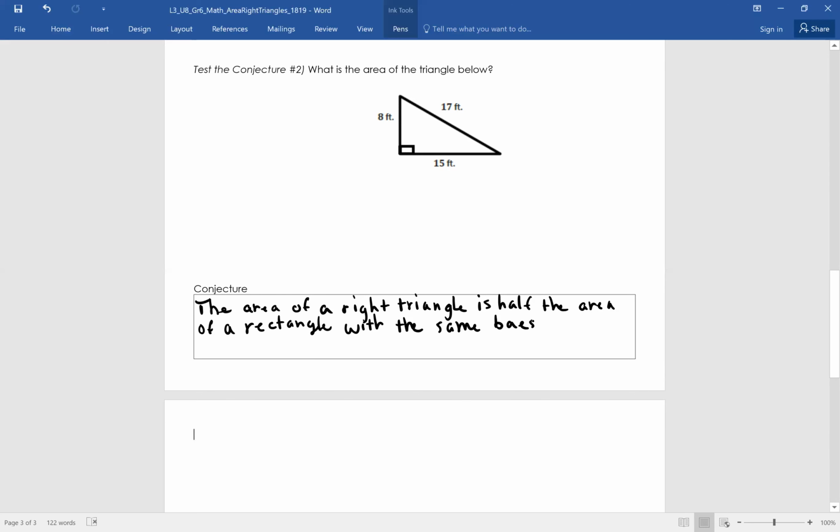Oops, spelled base wrong. Base and height.